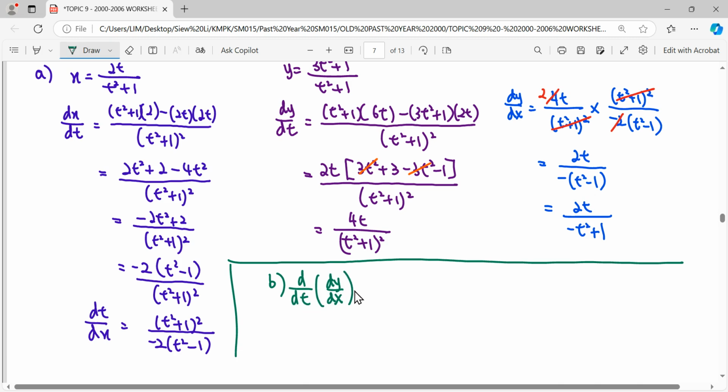We're using the quotient rule, as you can see t is a function at the numerator and denominator. So using the quotient rule, copy the down one, differentiate the up one, minus copy the up one, differentiate the down function here, and denominator squared.